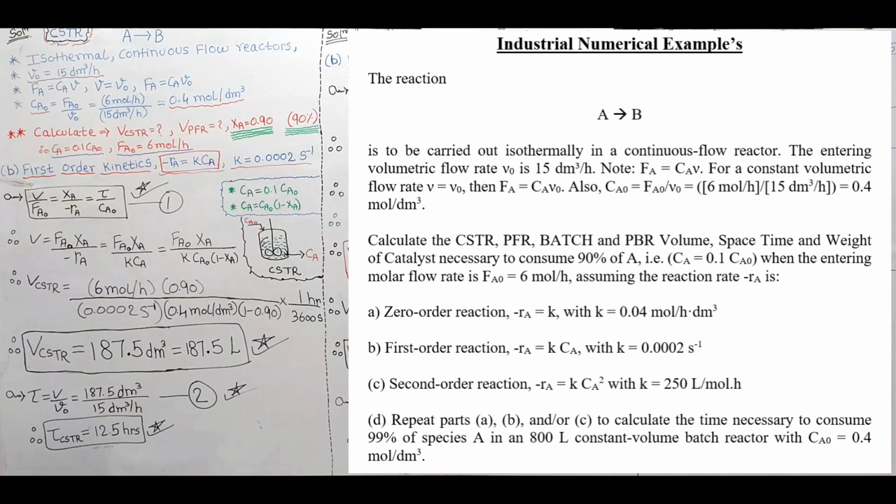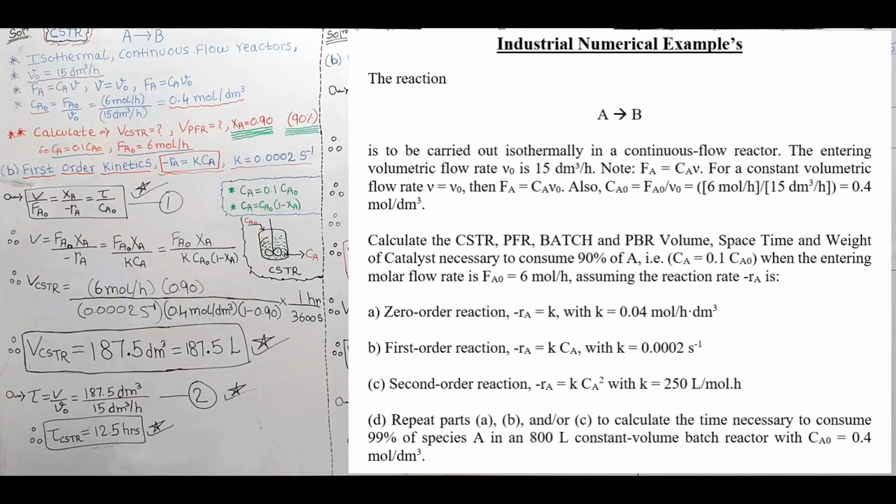Also, Ca naught is the ratio of initial molar flow rate Fa naught divided by initial volumetric flow rate nu naught. The value of Fa naught is 6 moles per hour. The value of nu naught is 15 cubic decimeter per hour. If we solve, the initial concentration of reactant A is 0.4 moles per cubic decimeter.